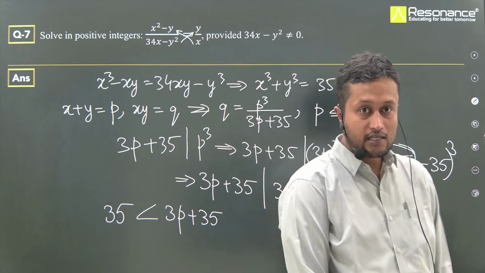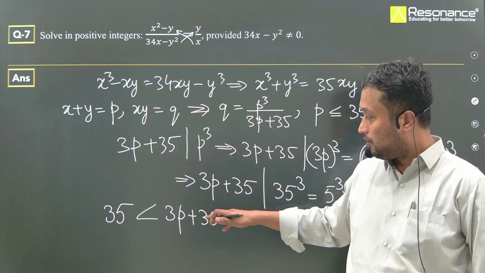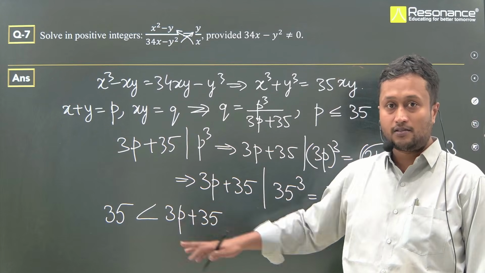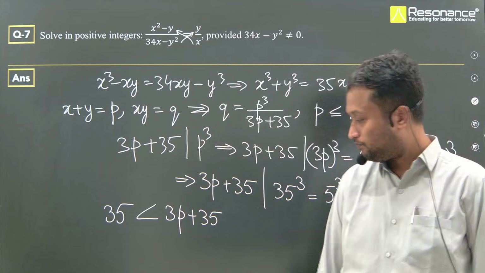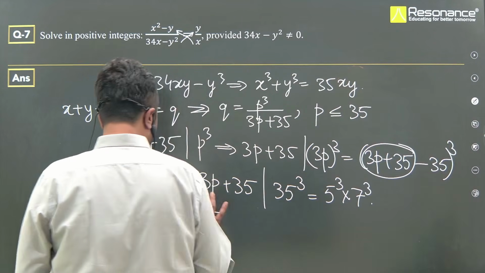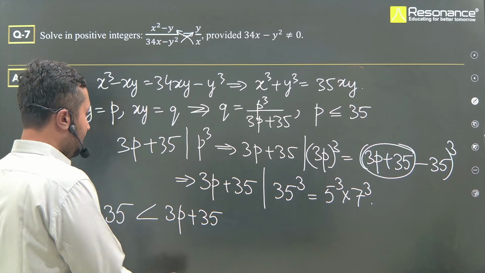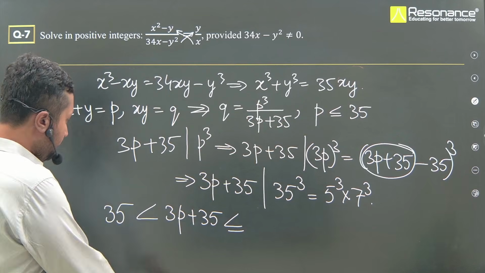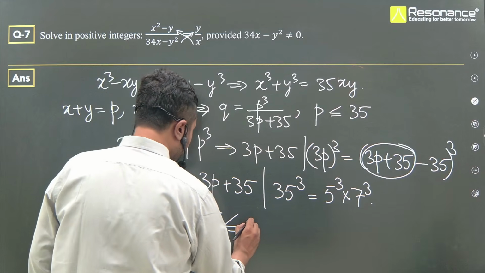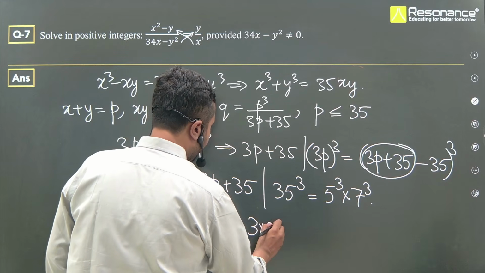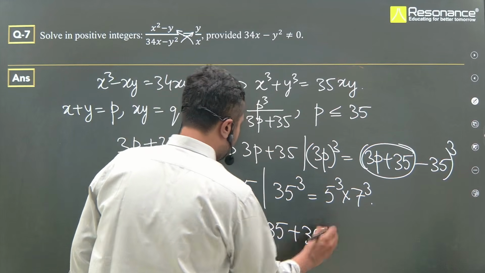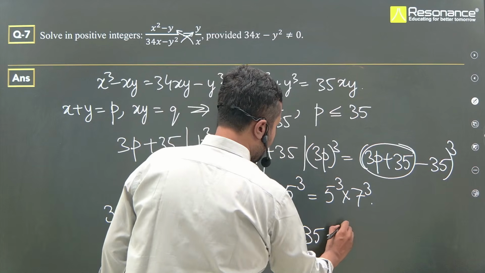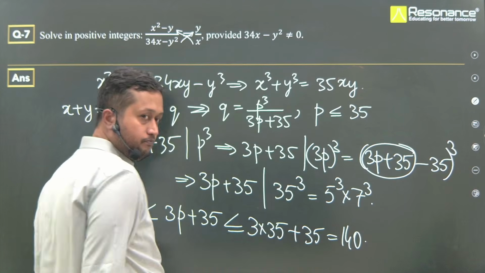I can also say it is greater than something much more, because p has to be at least 2, so that must be greater than 35 plus 6, in fact. Anyway, it's at least greater than 35. And now, thanks to this discriminant criterion, it will be less than or equal to 3 times 35 plus this 35, which is 4 times 35, and that is 140.